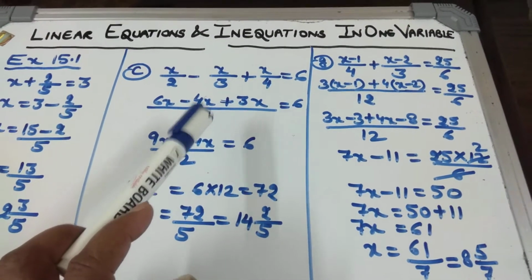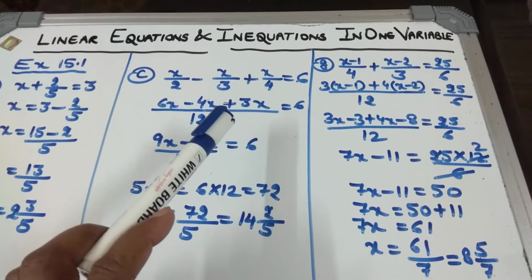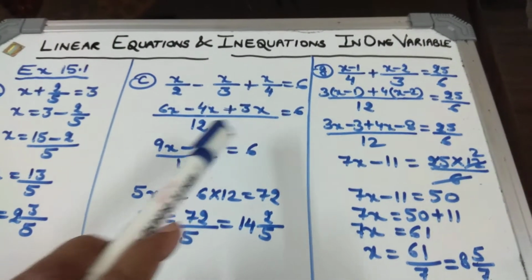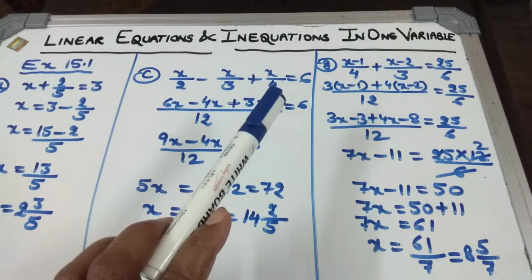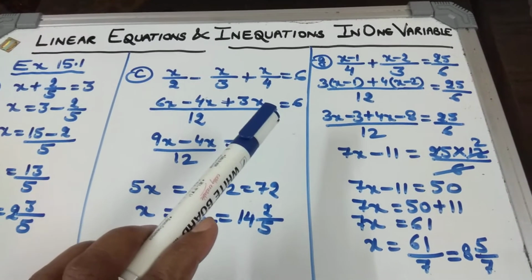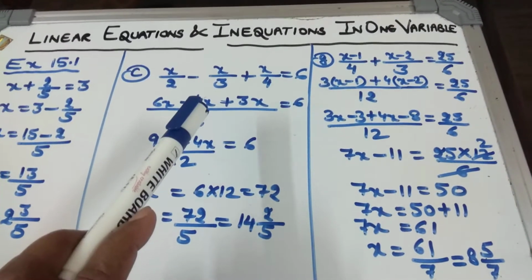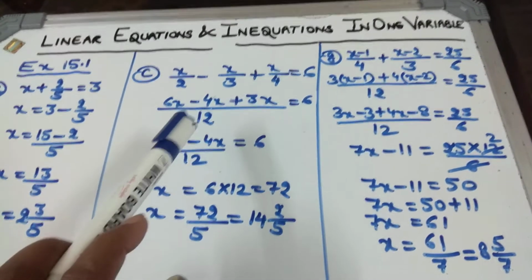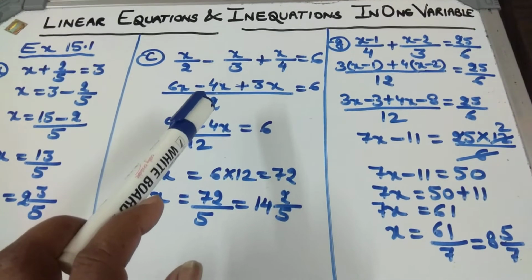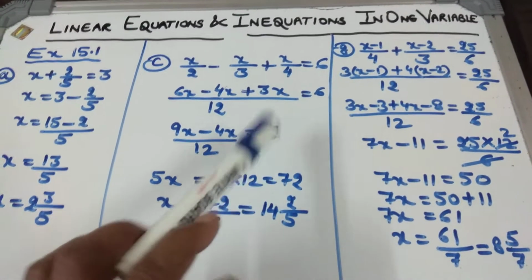Now 12 divided by 3 becomes 4, and 4 into x will be minus 4x. Now 12 divided by 4 is 3, and 3 into x will be 3x. So you are getting 6x minus 4x plus 3x upon 12. I hope the left hand side is very clear to all. Equals 6, because on the right hand side there is nothing to do.